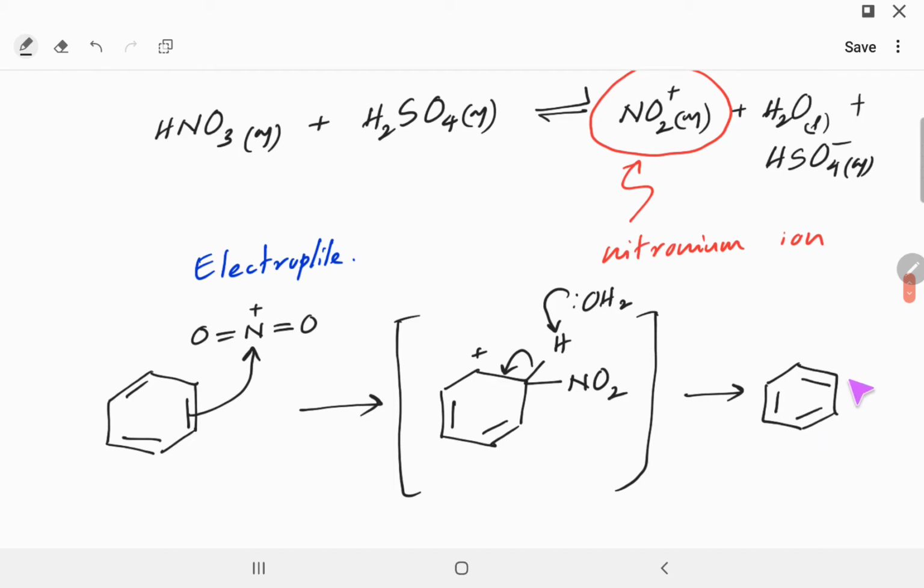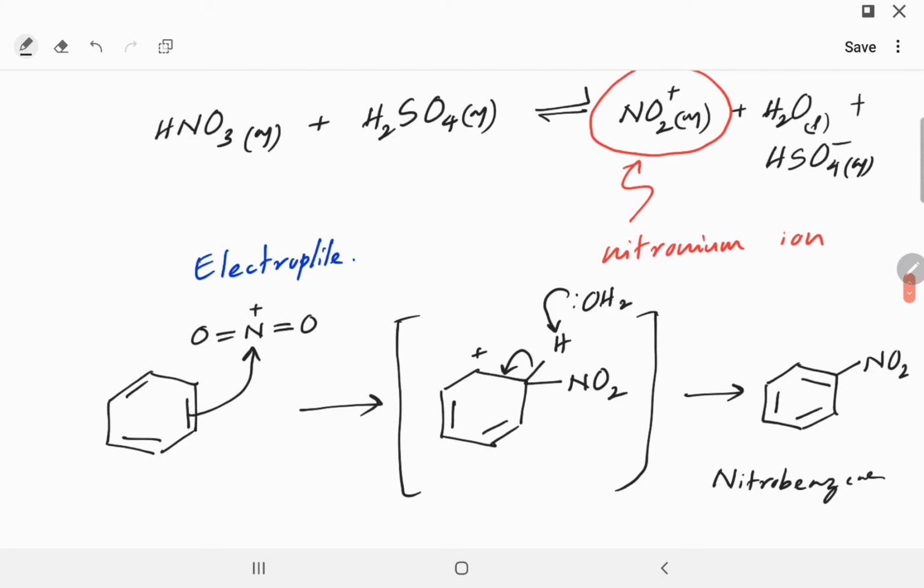There you go. And then here is our new NO2 group. Okay, so this compound right here is also known as nitrobenzene. So that is the complete reaction.